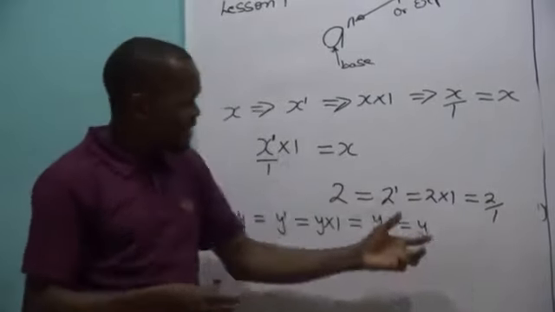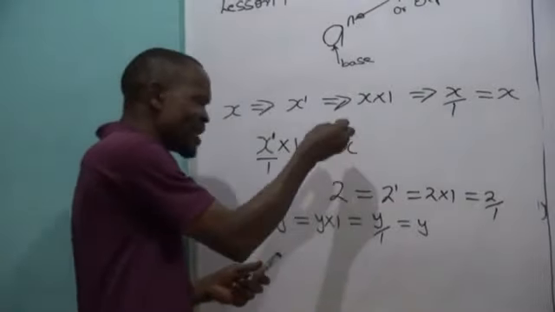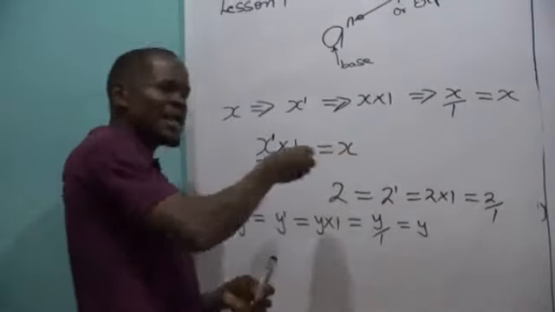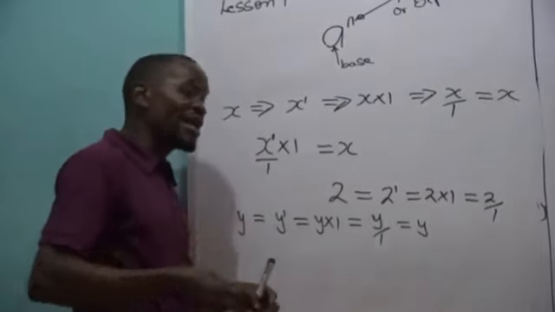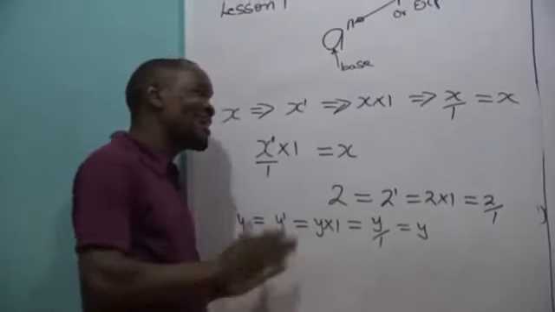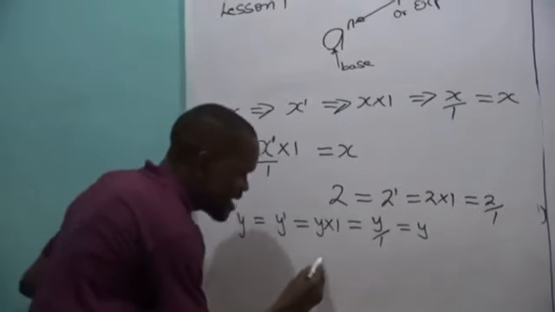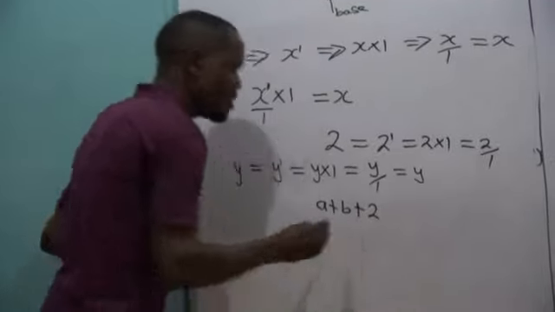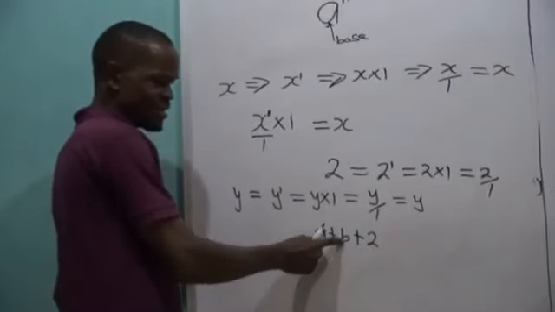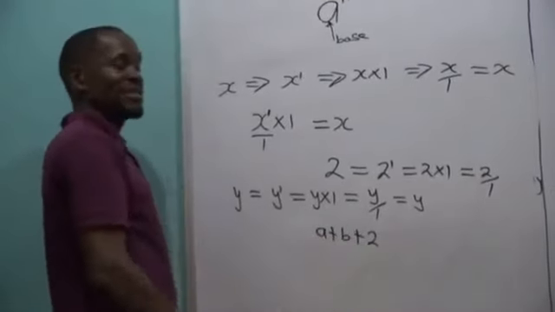Anytime I write a term, for me to see it as a term, I know that it's multiplied by 1, raised to power 1, and divided by 1. And the answer is that term. If I write this now, a plus b plus c, how many terms do I have here? A term, and another term, and another term, which is 3 terms that I have here.